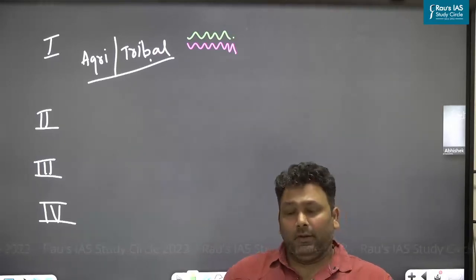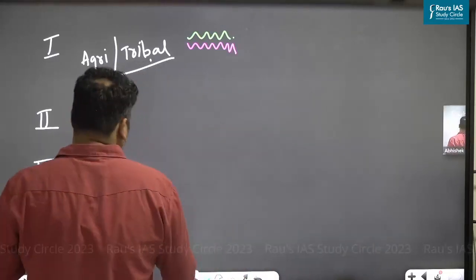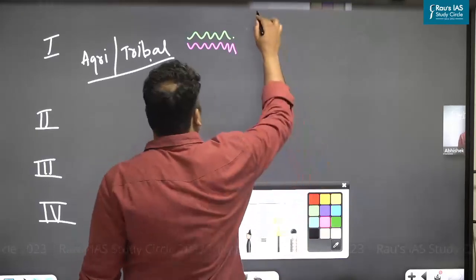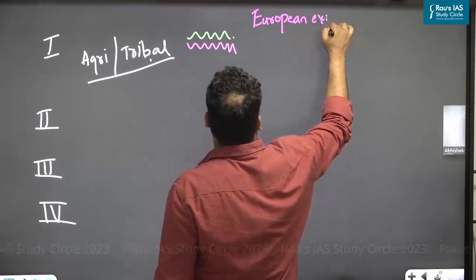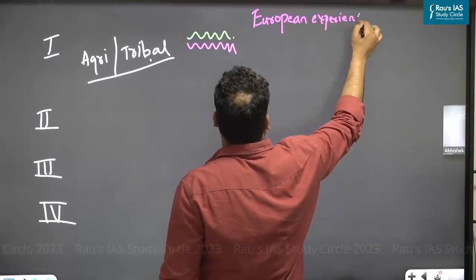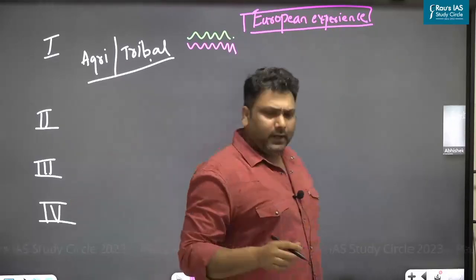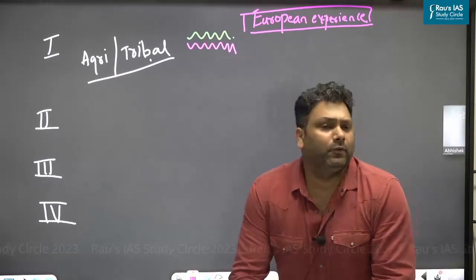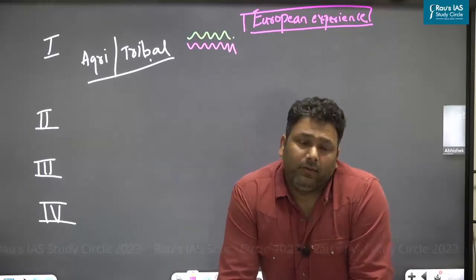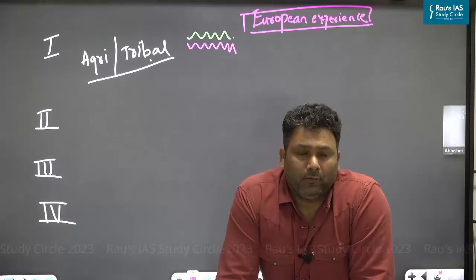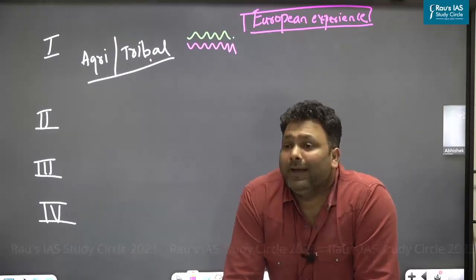Now, gradually what has come, we are talking about the European experience. Everything here we are talking about is the European experience. Any theory which comes from Europe or a certain part of the world, and a theory is derived out of it, is also called the ethnocentric approach, meaning it is specific to some ethnicity.